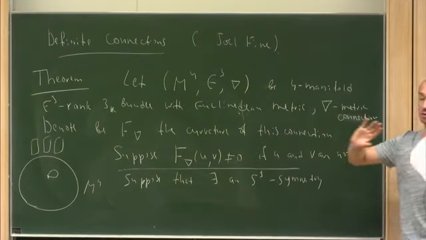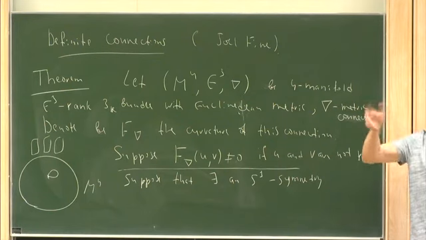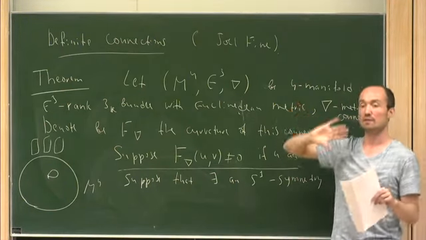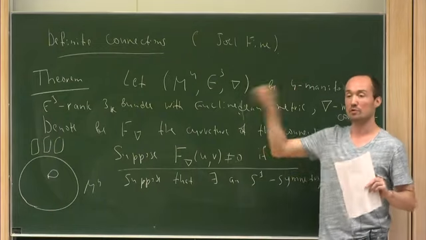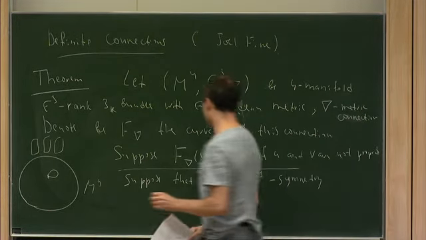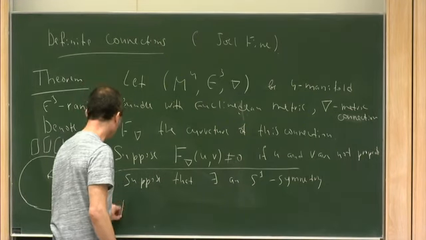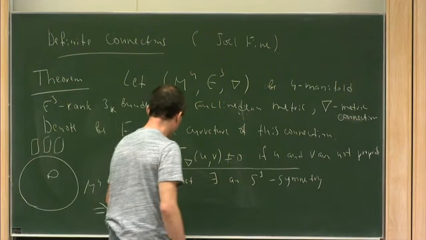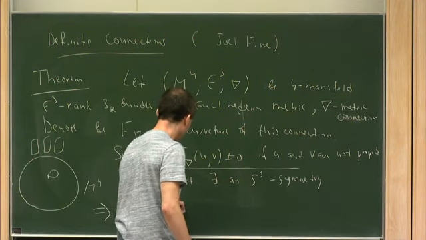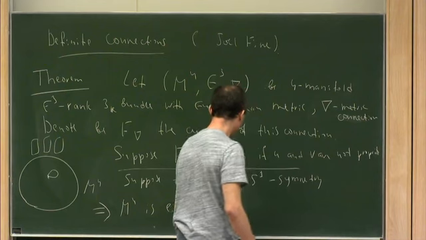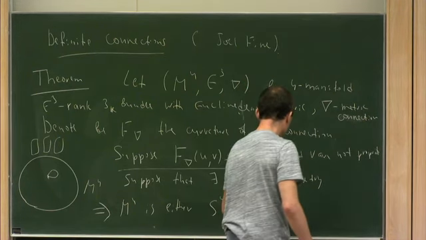Basically, there is a circle acting on the 4-dimensional manifold, and this leads to an action on the bundle, and this preserves connections. Then the corollary is that M4 is either S4 or CP2 bar.